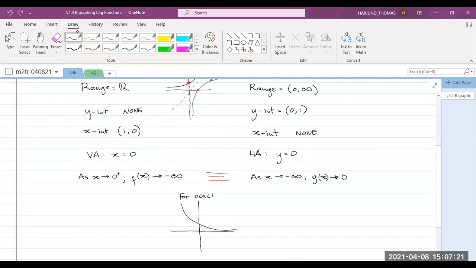Therefore, the reflection of that will look something like this. Basically, again, this point becomes here. This horizontal asymptote becomes this vertical asymptote.